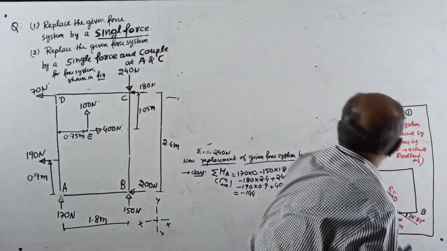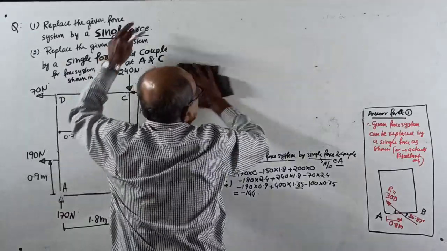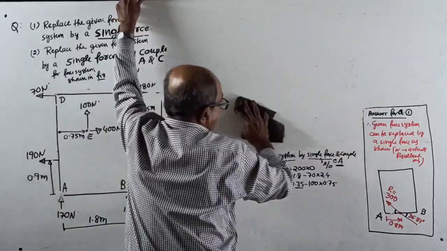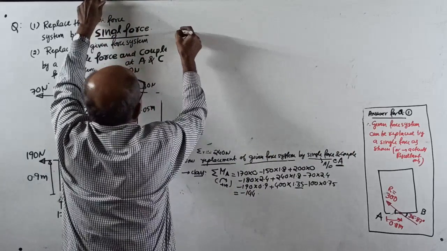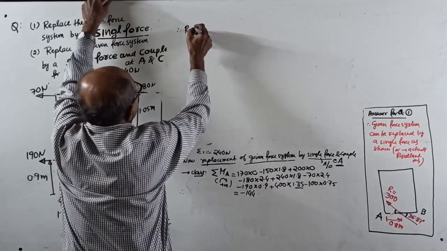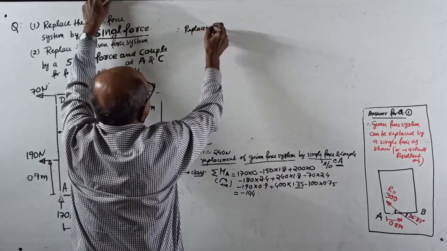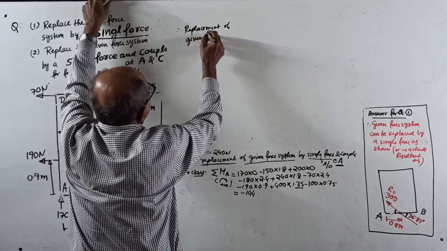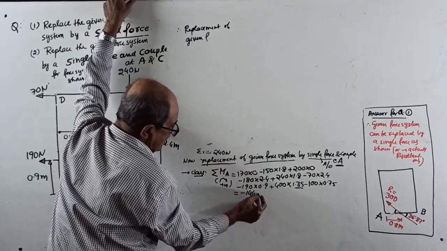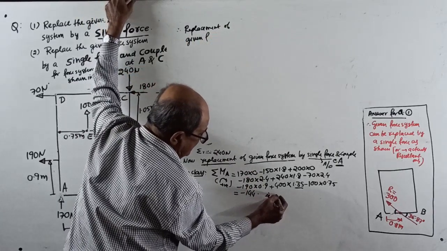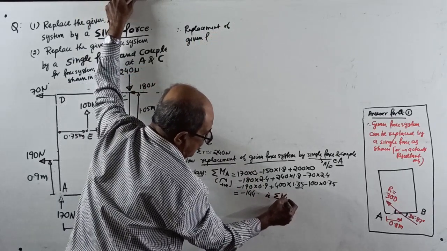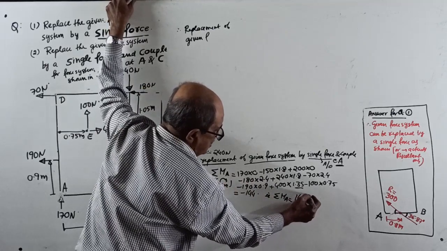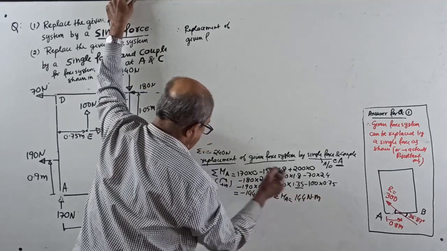Final result for replacement, I'll write here. Replacement of given force system. One thing forgotten here: minus 144, that is sigma MA equal to minus 144 Newton meter.